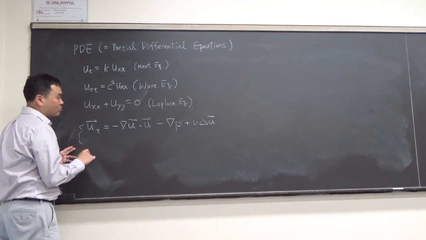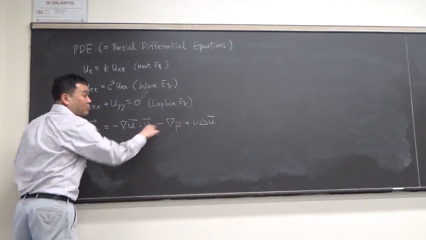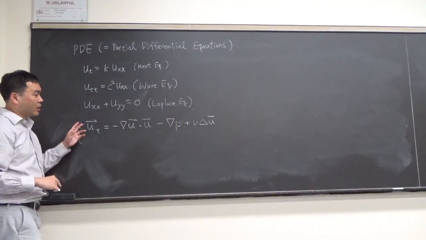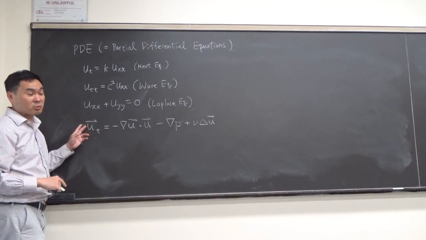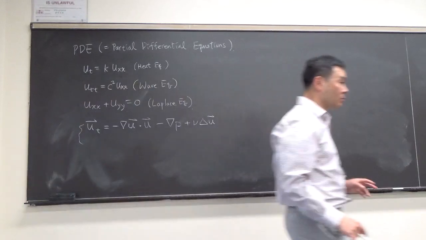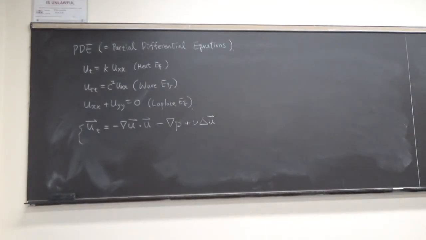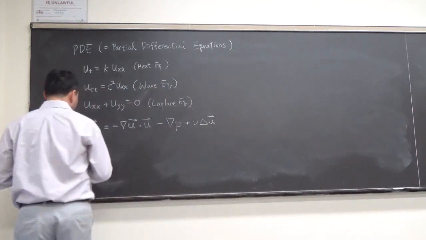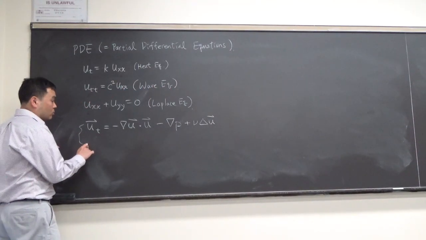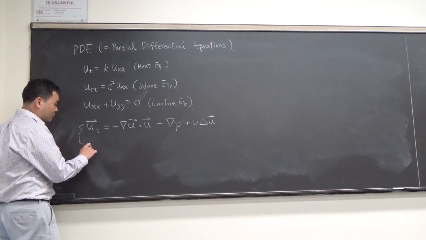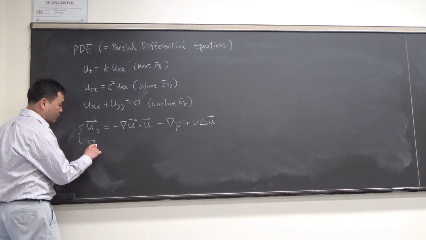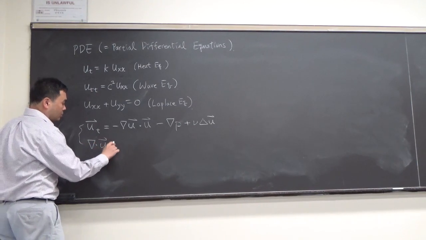And there's an additional unknown because there's a separate function p. Having a single differential equation wouldn't be able to give you both. And you also need the second one, which is the divergence of u is equal to 0.